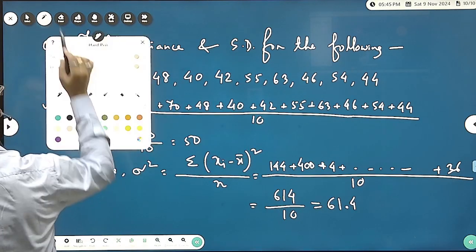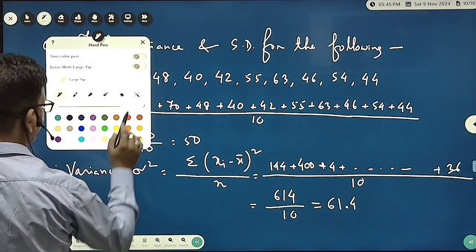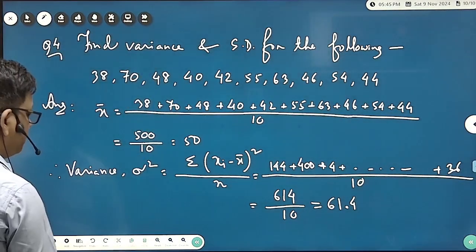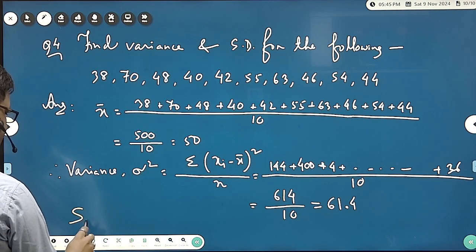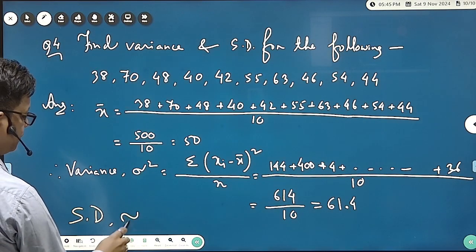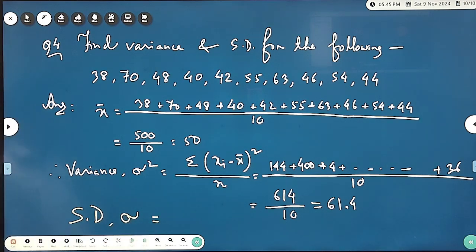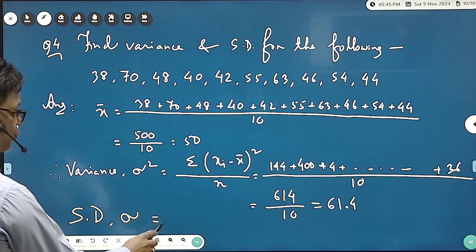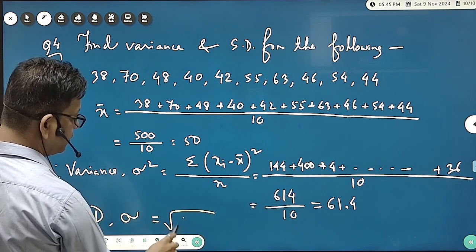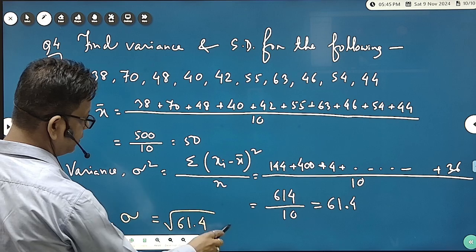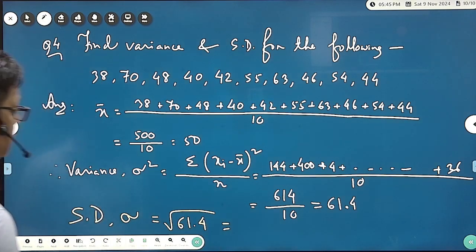Now, coming to the next. We need to get the standard deviation, SD, which is sigma. This is very simple. Just take the square root of this number, 61.4.